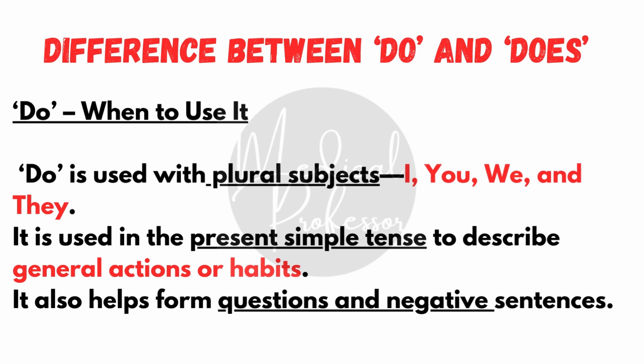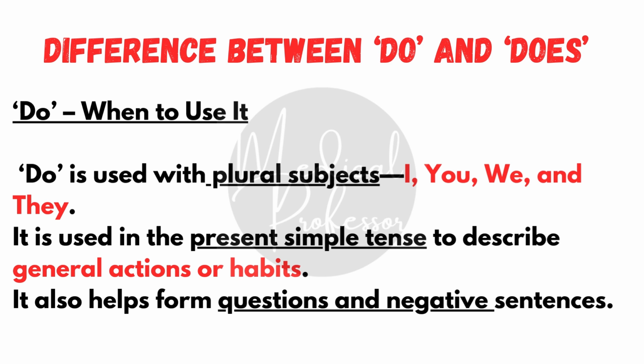Now, let's break down the differences between do and does and when to use them correctly. When to use do. Do is used with the plural subjects, that is I, you, we, and they. It is used in the present simple tense to describe general actions or habits.